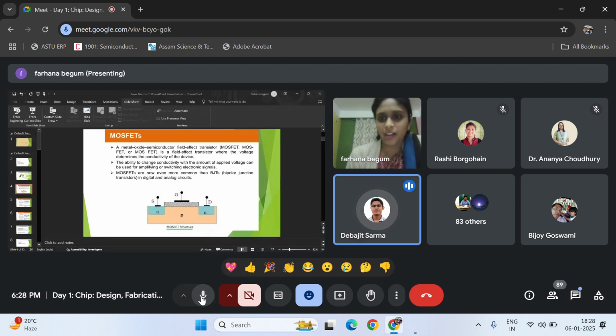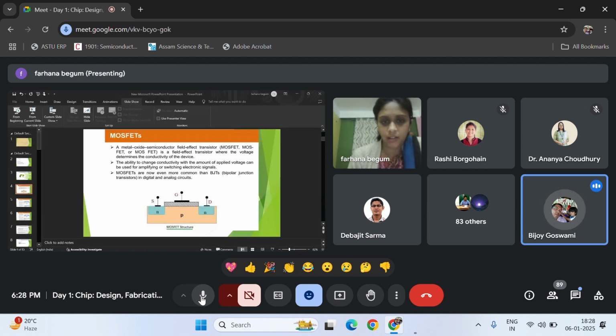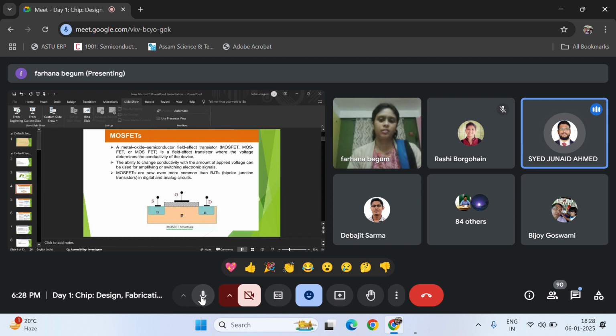Ma'am, you can make it full screen. F5 it's done, sir. Is it visible now? Ma'am, you have to change it to duplicate view rather than extended. That is not functioning actually.